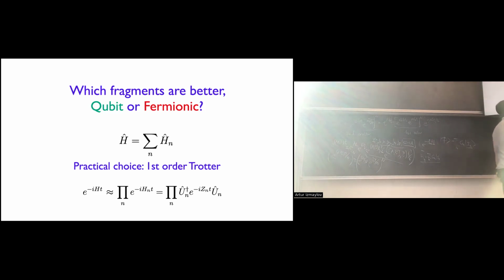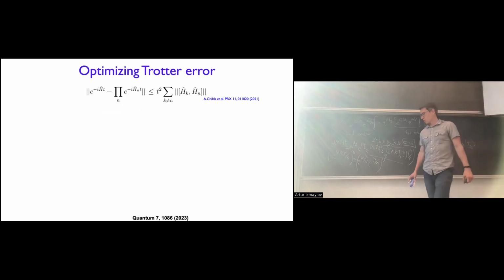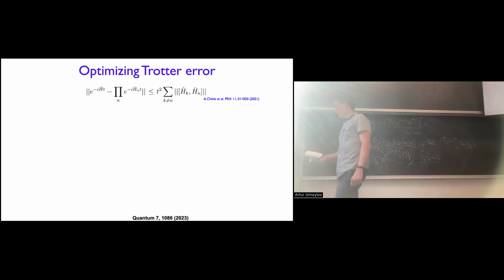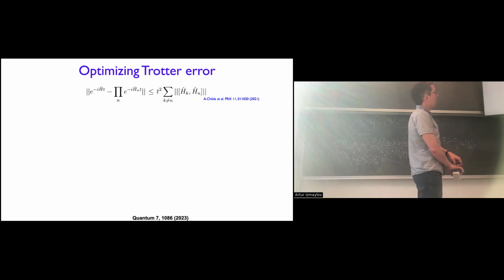It's just substituting the sum by the product. And then, interestingly, the error for the first order Trotter and higher order Trotters, the upper bound, was derived only quite recently.